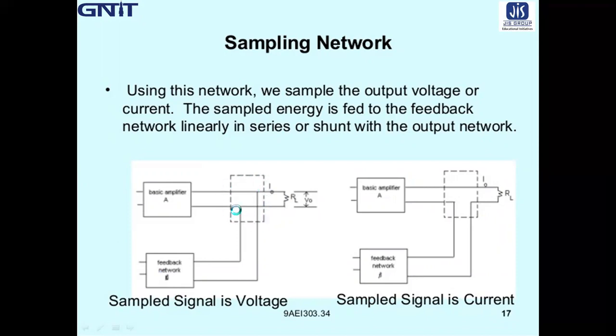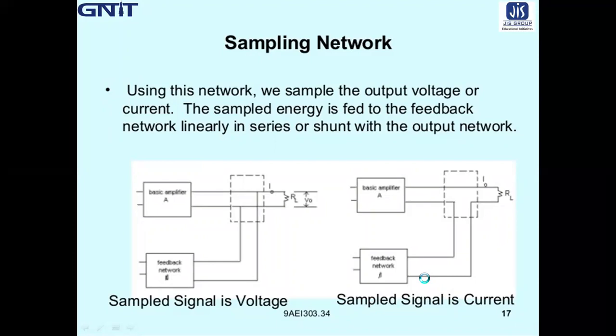So this is the voltage sampling. And if the output current is sampled by connecting the feedback network in series with the output, then current sampling takes place. See in this figure, the feedback network is in series connection. So from here, current sampling occurs.